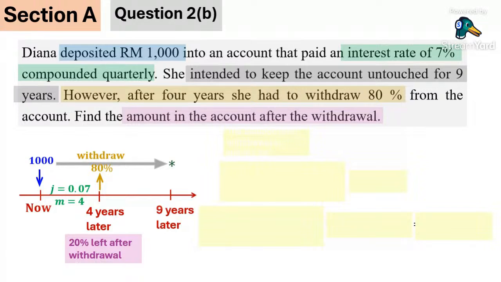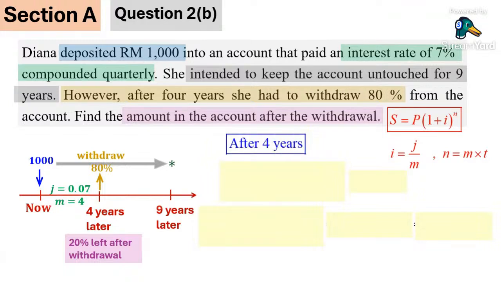And just now we already extracted the information. The nominal rate J is 0.07. M equals 4. By using the compound interest formula, we calculate the amount accumulated after 4 years. Let's call the accumulated amount S. So S is calculated by 1,000 multiplied with 1 plus 0.07 divided by 4, to the power of 16.